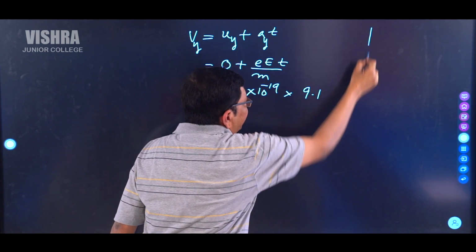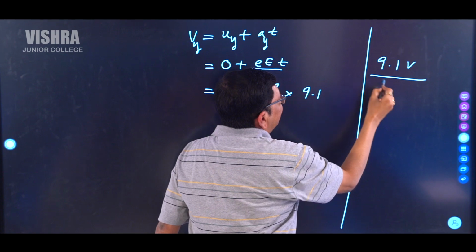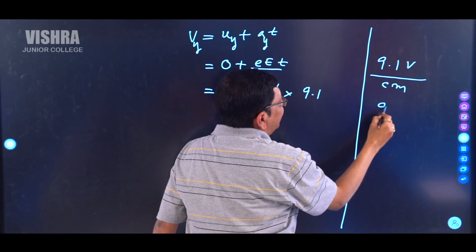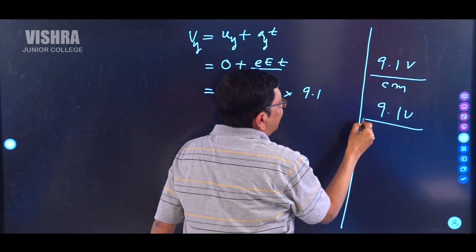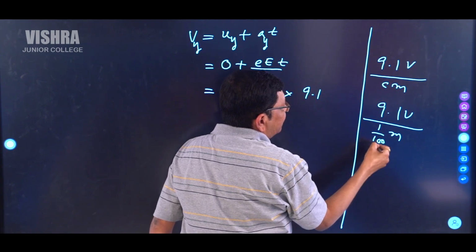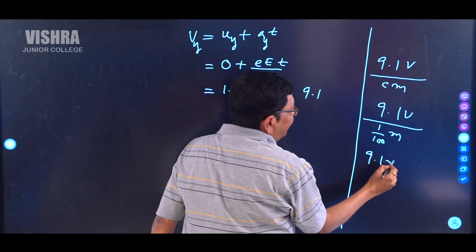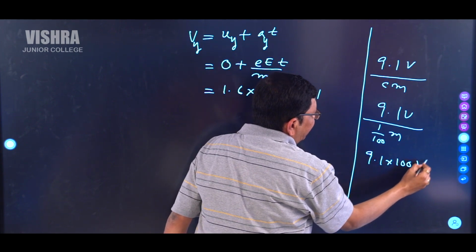If you go for the units, 9.1 volt upon centimeter, I can write it as 9.1 volt upon 1 by 100 meter. So 100 goes to numerator, that is 9.1 into 100 volt per meter.